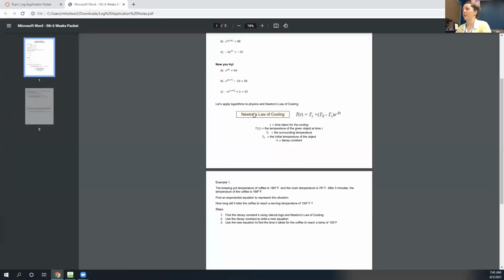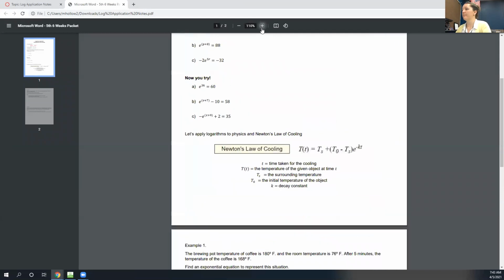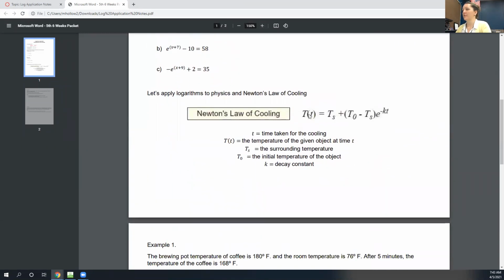I'm going to pull it out pretty large here. It's just a basic formula, but it's actually using our constant number e that we've learned about. And you can see here's the formula, and then all of the items below, pretty self-explanatory, where t is time, T of t is the temperature of the given object at a time t.